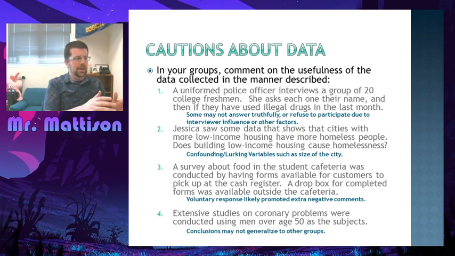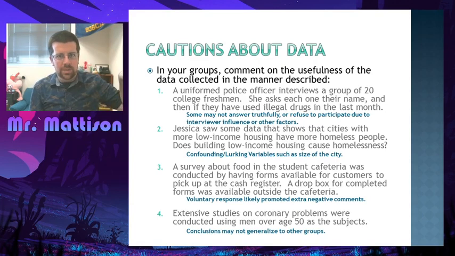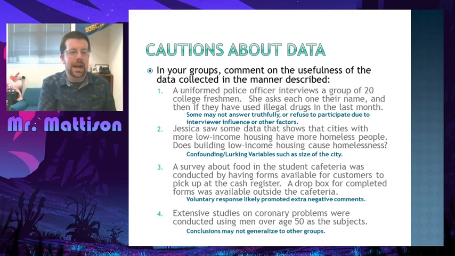And then we're going to say, hey, everyone has these problems, as opposed to looking at just men in a certain age group, right? If I'm only looking at one certain group, my conclusions should only apply to that one group. So if my study only looks at men over 50, I can only make conclusions about men over 50. And that seems kind of like duh, but you'd be surprised how often that doesn't happen.